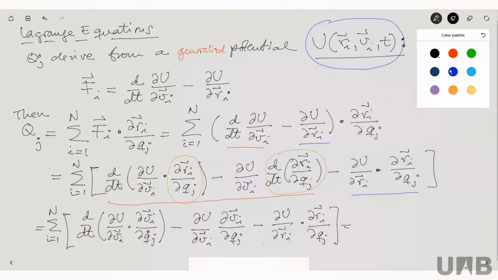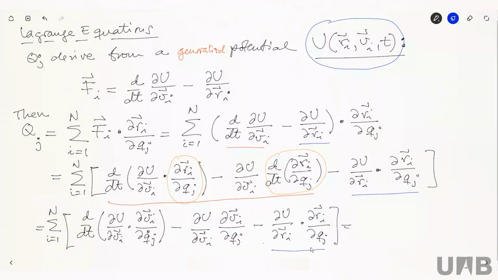So this second term is just the derivative of u with respect to q, because the only dependence on q is through r. This is through r, but there is dependence on q in the velocities. So that's the other term.